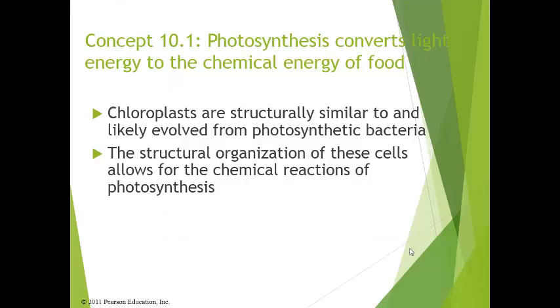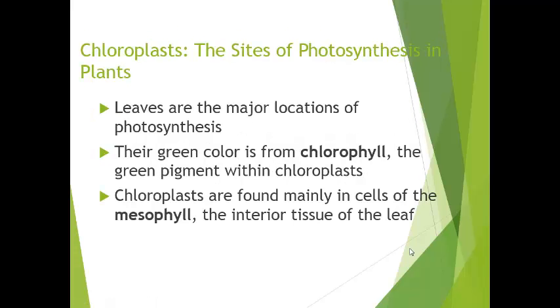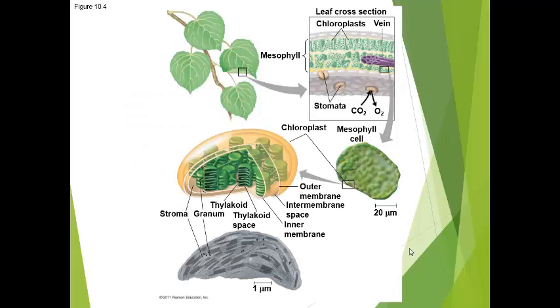The major organelle that is going to be found within the cells of a producer or an autotroph that is going to be performing the process of photosynthesis is called the chloroplast. Here we're going to concentrate on plants. Leaves are the major location of photosynthesis within plants, and the cells inside of a leaf are referred to as mesophyll cells.